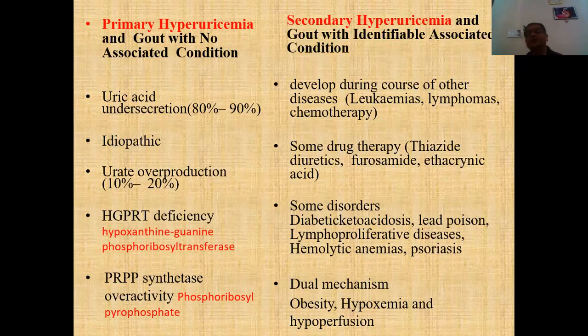Then if you have to take chemotherapy, because of this the condition occurs, that is your secondary hyperuricemia condition. Some drugs are also responsible for increasing the uric acid level, such as thiazide, then diuretics, then furosemide, erythro.